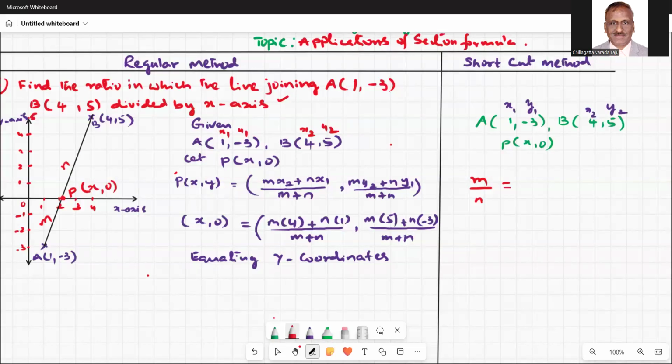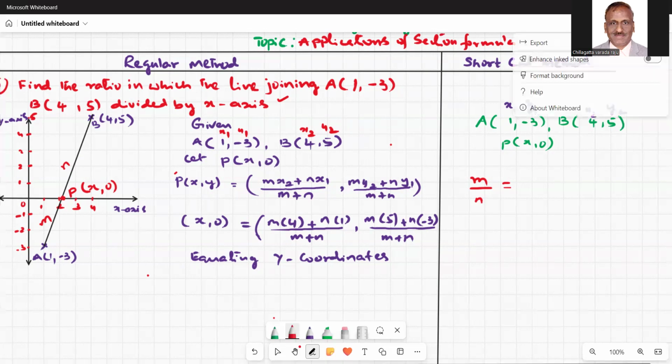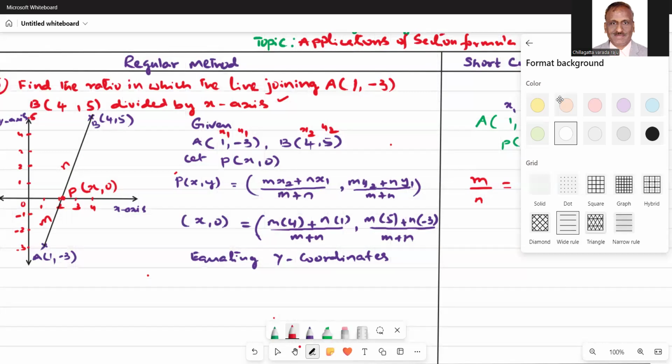So when these points are substituted in the formula, m into x2 is 4, and n into x1 is 1, divided by m + n as it is. m into y2 is 5, plus n into y1 which is -3.